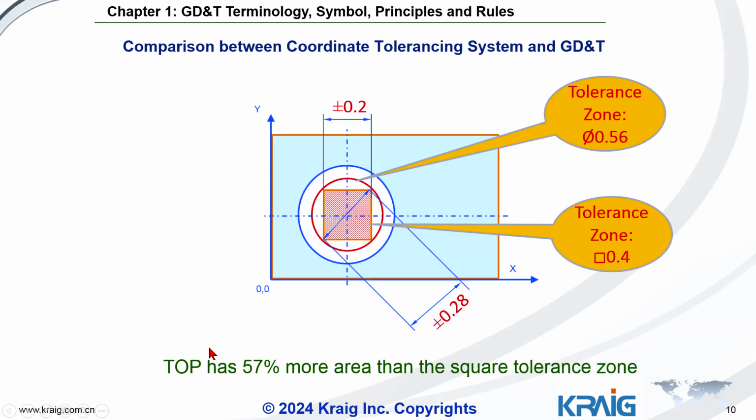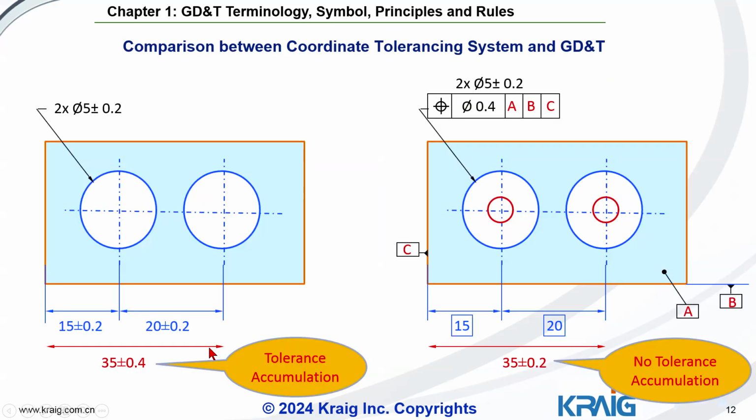Okay, then we are going to talk about the last drawback, the problem of plus minus. When we use plus minus to specify multiple holes like this, number one, number two holes, you're going to have accumulation of the tolerance.